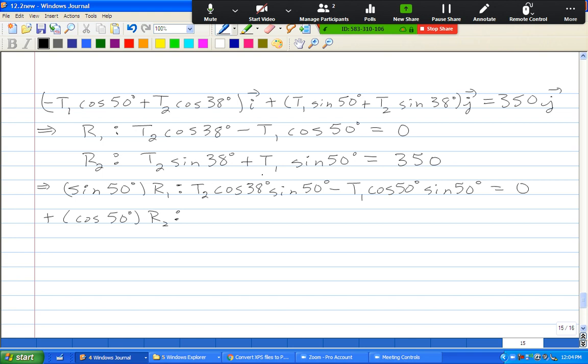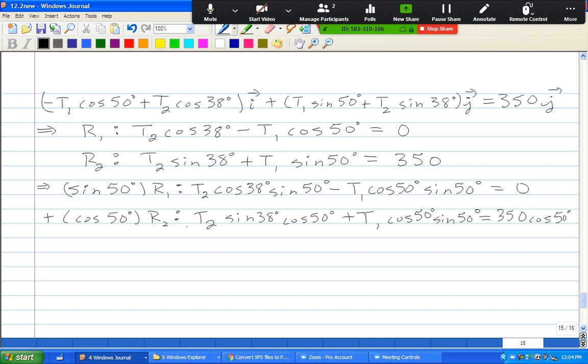And for this one, I get T2 sine of 38 degrees cosine of 50 degrees plus T1 cosine 50 degrees sine 50 degrees equal to 350 cosine 50 degrees.